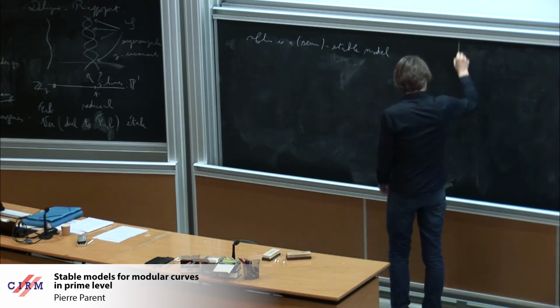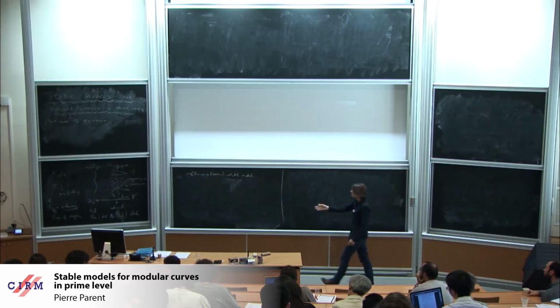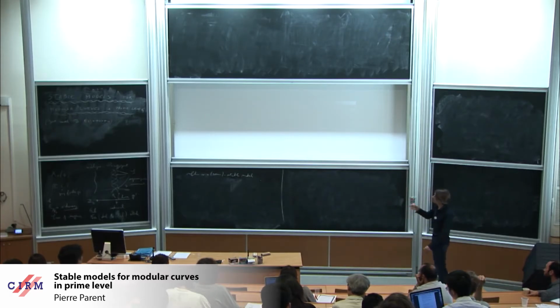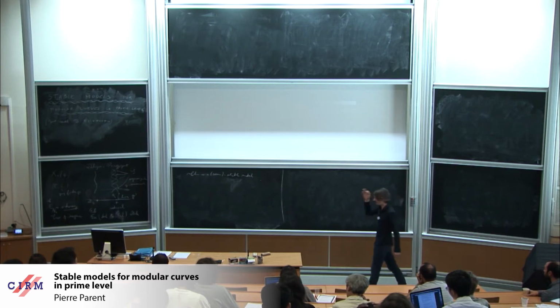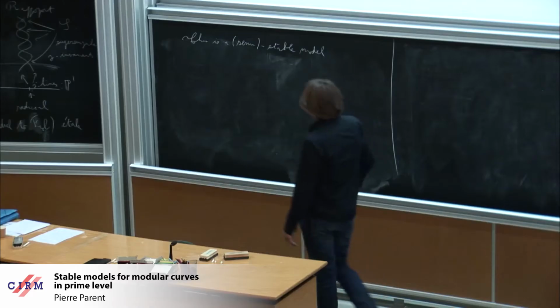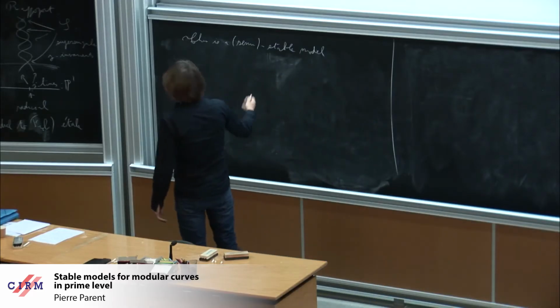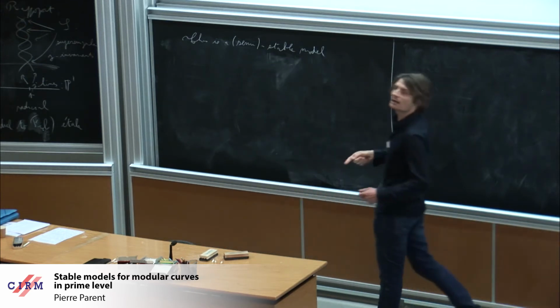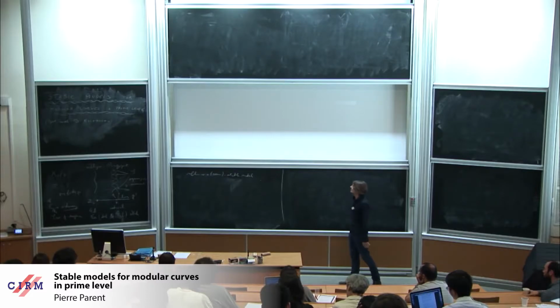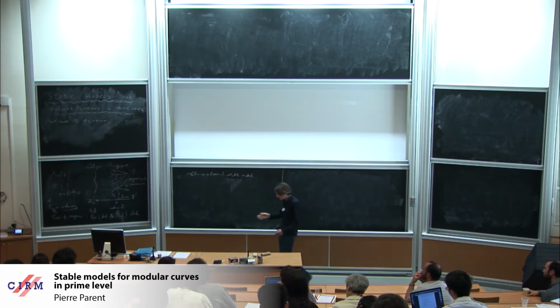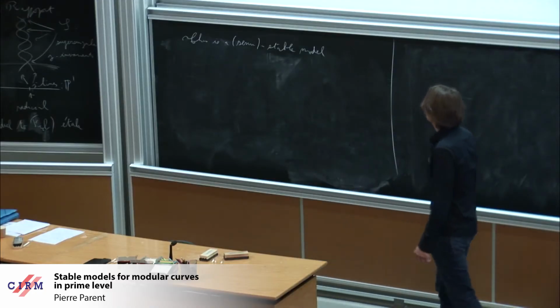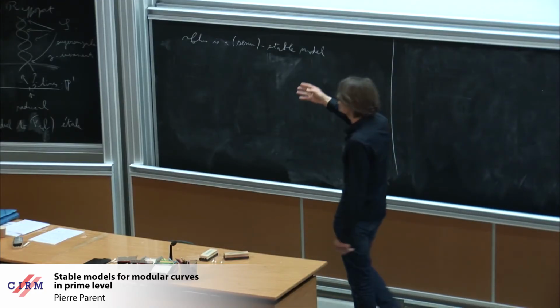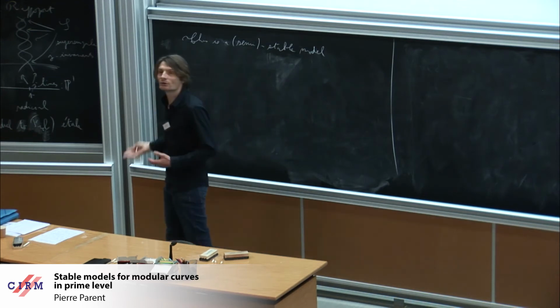just to fix things, a relative curve is semi-stable if each geometric fiber is reduced and the singularities are ordinary double points. And a relative curve is stable if it is semi-stable and it is projective and connected, and the P^1s that occur cross the other components at least 3 points.